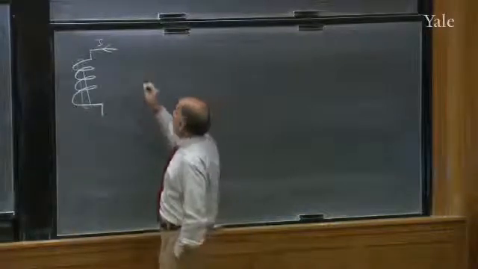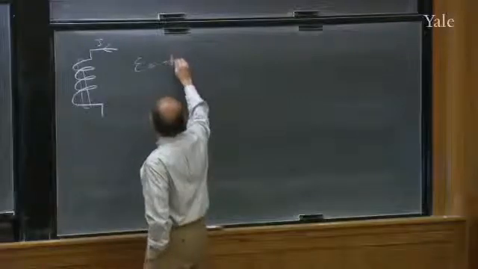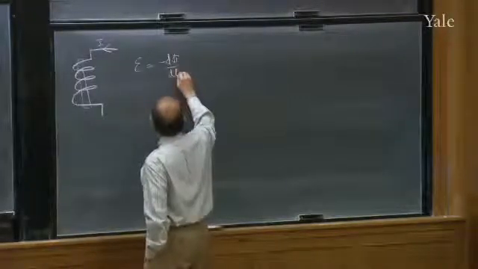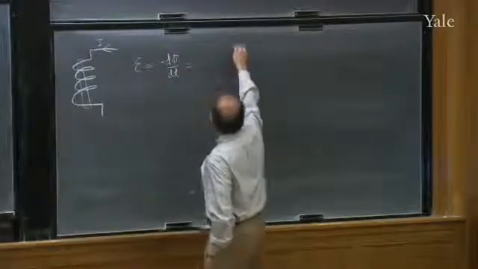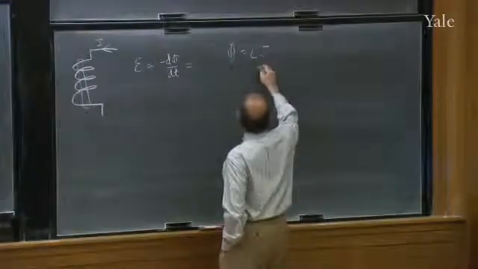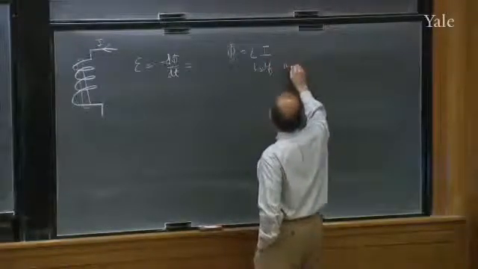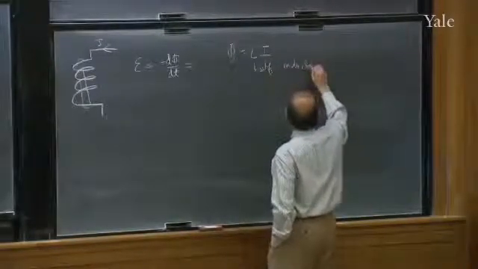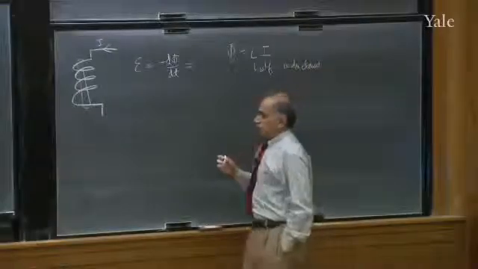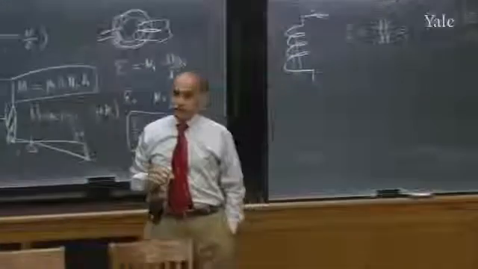And we can ask, how much is the EMF? The EMF is the rate of change of flux through that coil. And I'm going to assume that the flux through that coil is equal to the current in the very same coil times a number called self-inductance. The self-inductance is how much flux you produce by a current going through yourself, not on another coil, on yourself.